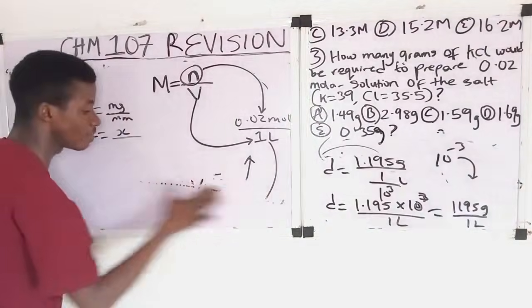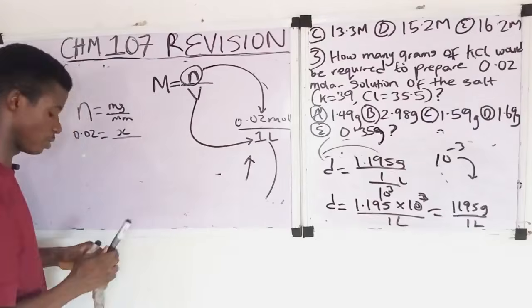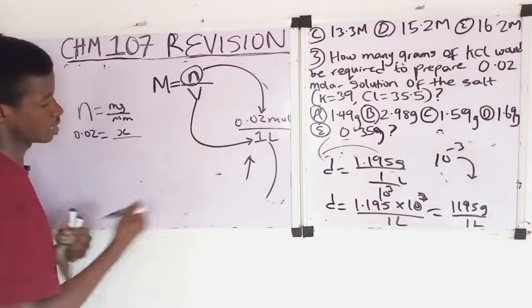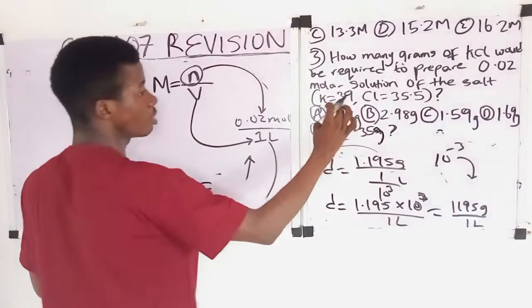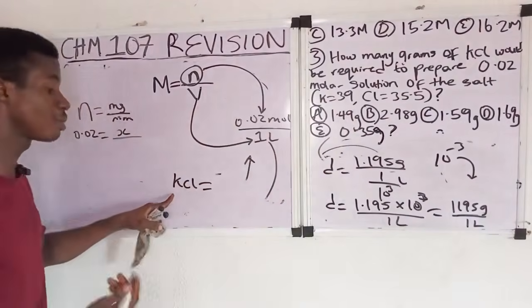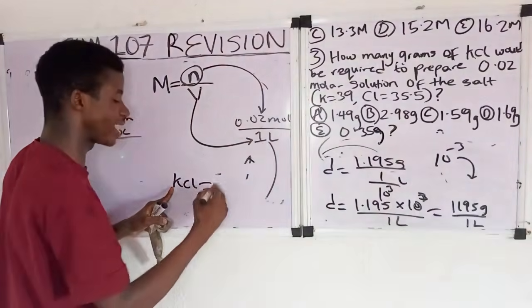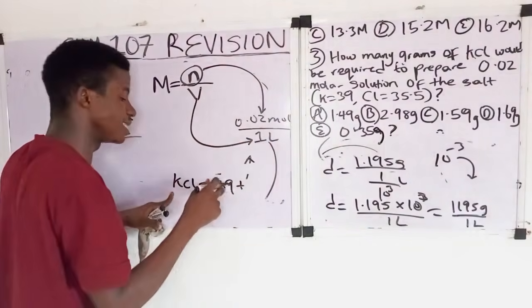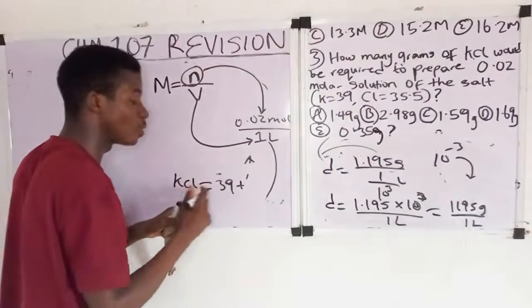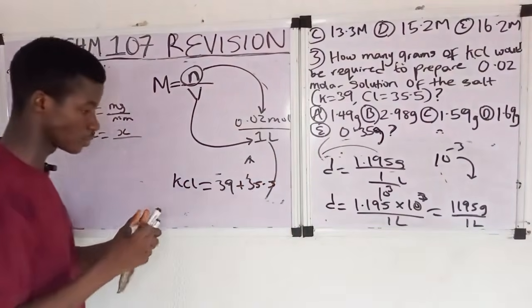So how do we get the molar mass of potassium chloride? Where is the molar mass of potassium chloride? The molar mass of potassium is 39, whereas the molar mass of chlorine is 35.5.